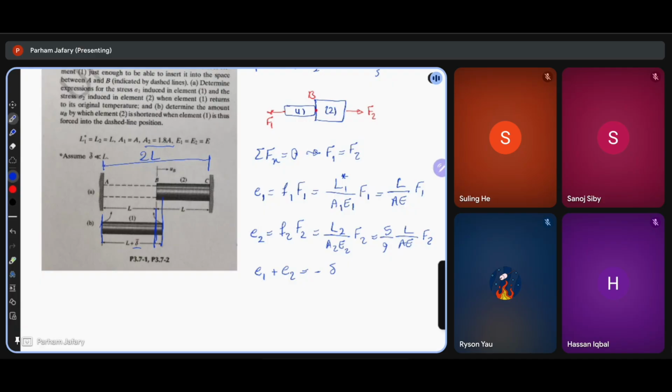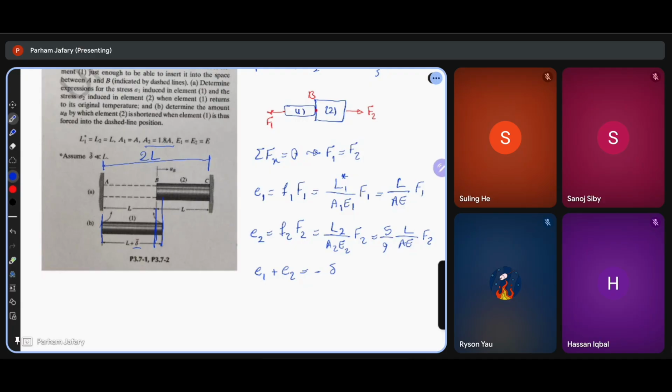We don't know E1 or E2, but we know that the total deformation E1 plus E2 is equal to the initial deformation that we imposed on member 1, right? And that is E1 plus E2 equals negative delta. Yeah, you had a question. Did I answer it or did you forget it? Go ahead.